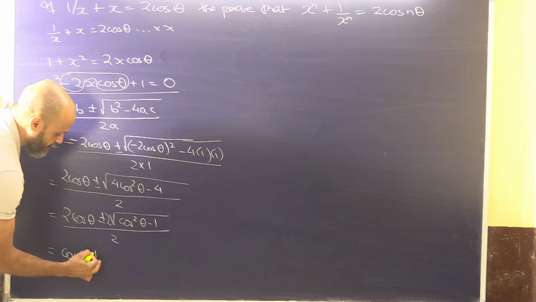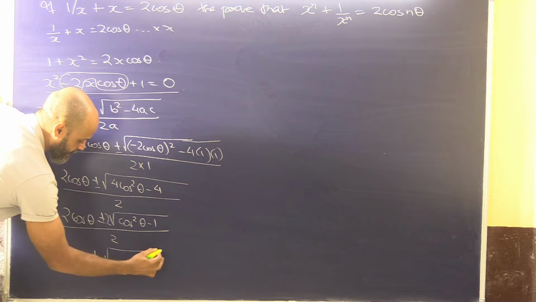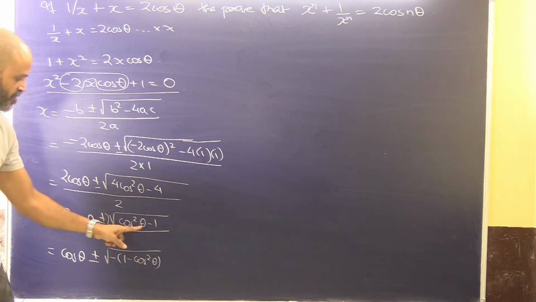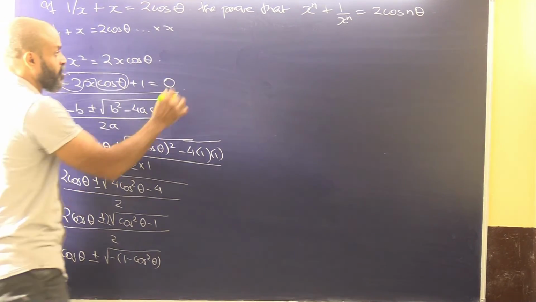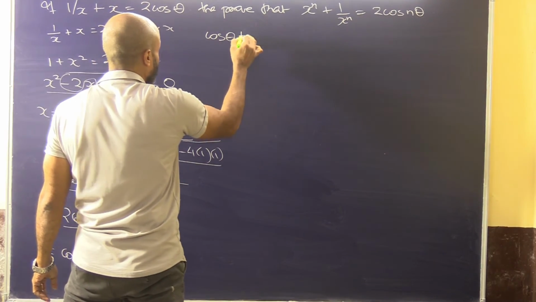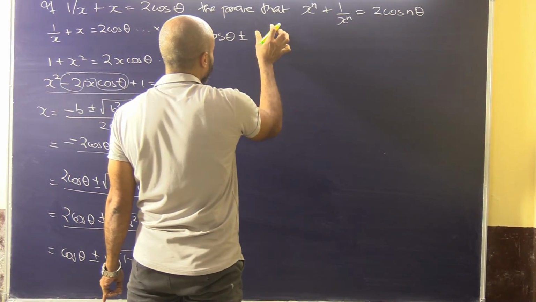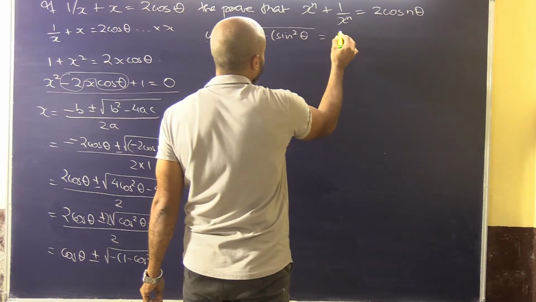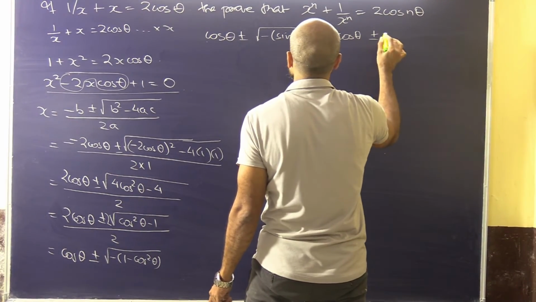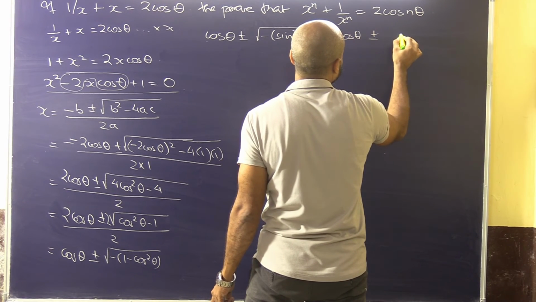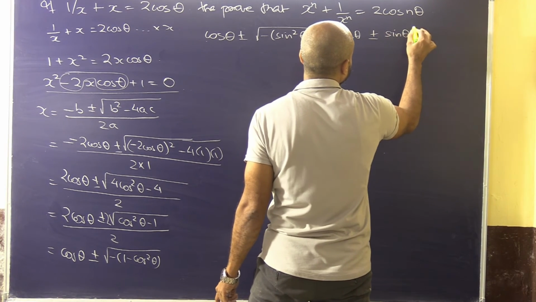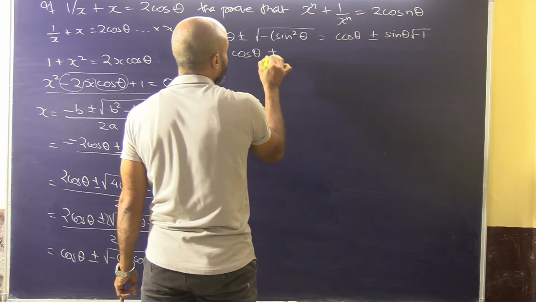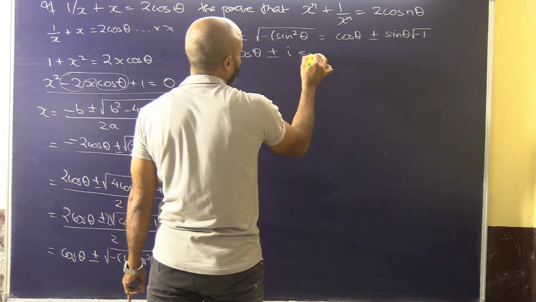We have cos theta plus minus root of, we can write this as minus 1 minus cos square theta, the inside thing here. So this will be cos theta plus minus root of minus sin square theta, and this minus comes out, so it is sin theta into root of minus 1.